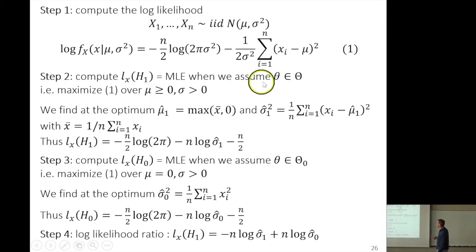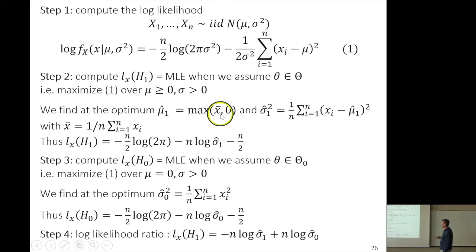So if we look at when is that maximum? Well, the classical formula will tell us this is the sum of the (xi minus mu) squared plus some quantity that is non-negative. So that is minimized when the distance from mu to the sample mean, x bar, is minimal. Which, if the sample mean is non-negative, then the answer is mu1 hat is equal to x bar.